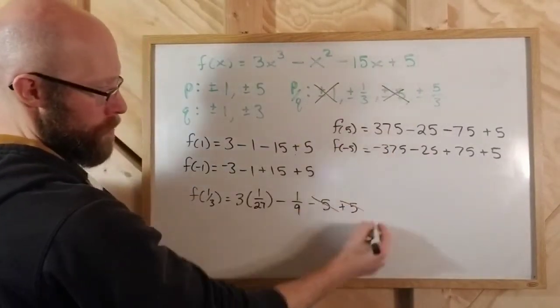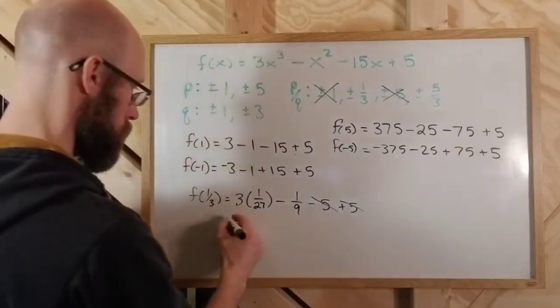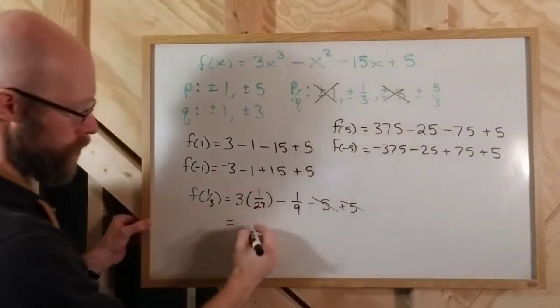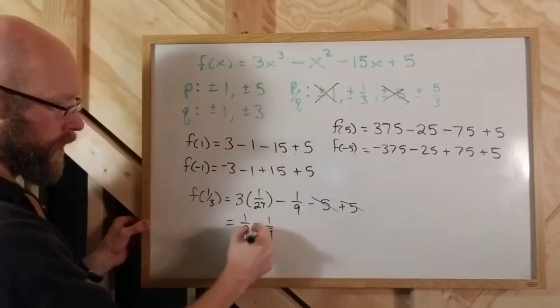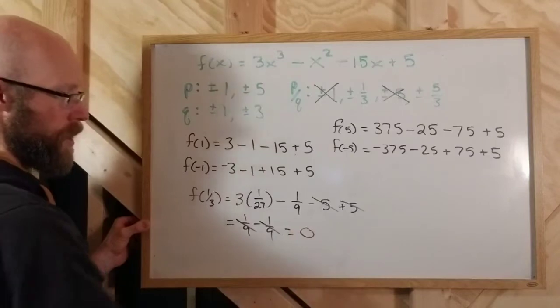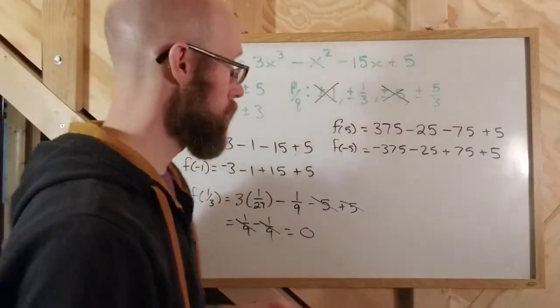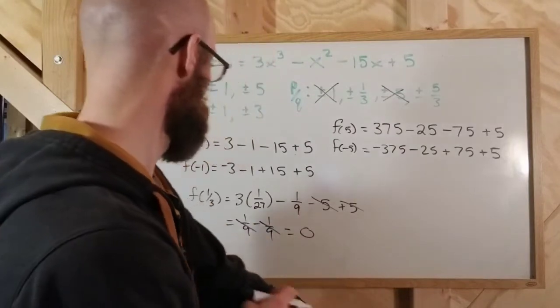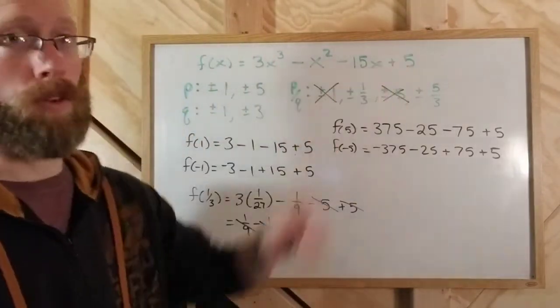Well, my minus 5 plus 5 drop off nicely. And here in this first term, 3 times 1/27 is 1/9. And I still have a minus 1/9. Well, those drop off, and I do get 0. So 1/3 is definitely a real zero, or a rational zero, in fact, of this original polynomial.